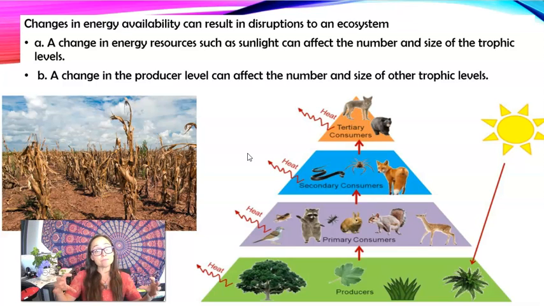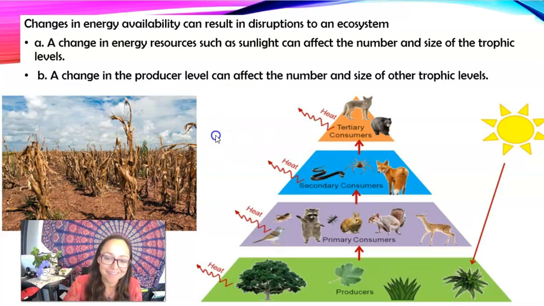So if that bottom trophic level decreases, it follows that the trophic levels above will also decrease. But in the opposite, like in Southern California here, we have El Niños periodically, where we're going to have lots of rain over our winter time. So if we have lots of rain and we have lots of plant growth, we have these things called super blooms. Then if you have lots of producer activity, lots of growth, well, now you can support more herbivores and therefore more secondary consumers, etc.